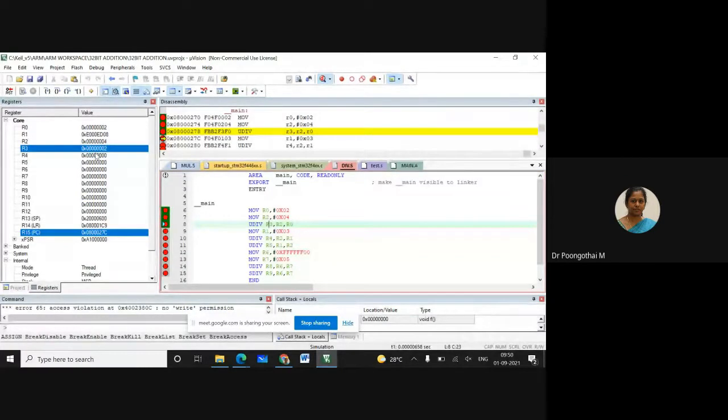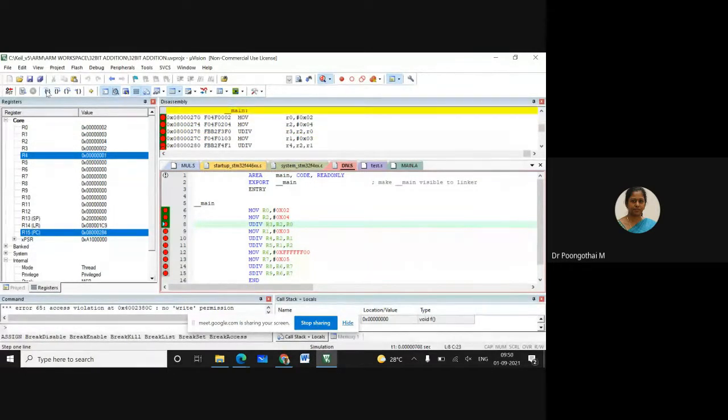After division, your R3 holds, what is the answer? R3 is holding 2. And next, R1 is now loaded with 03 and again dividing. Now your R4 is holding 1. That is 4 by 3. And next, 3 by 4. So your R5 is holding 0.